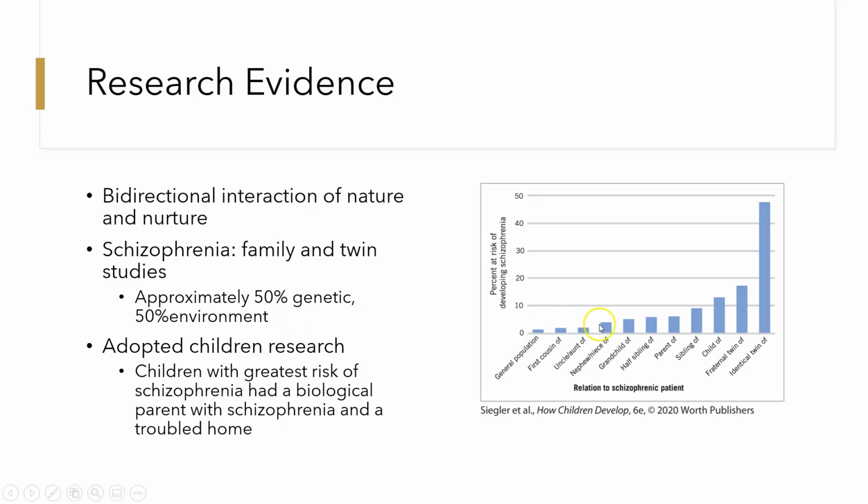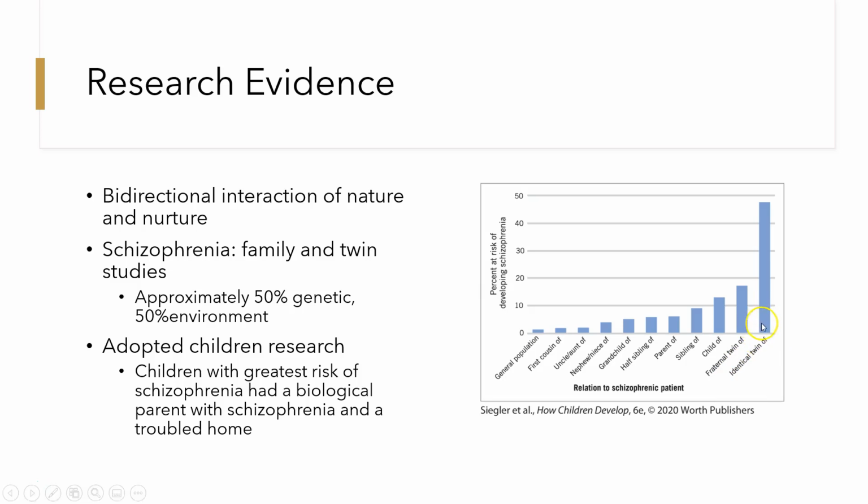schizophrenia. And you can see that here in this chart, that identical twins, so if one identical twin is diagnosed with schizophrenia, the other identical twin has about a 50% chance of developing schizophrenia. This is called a twin study. And identical twins share 100% of their genes. That's how they're identical.